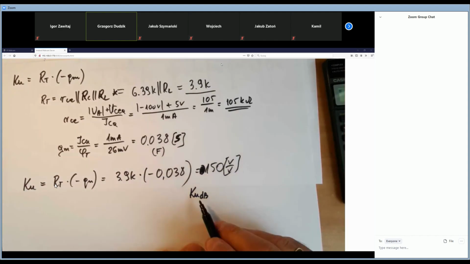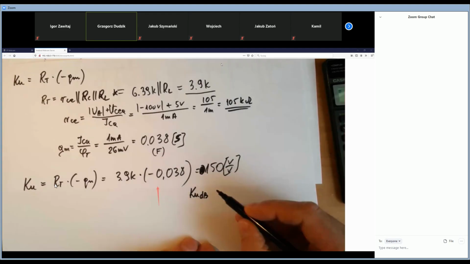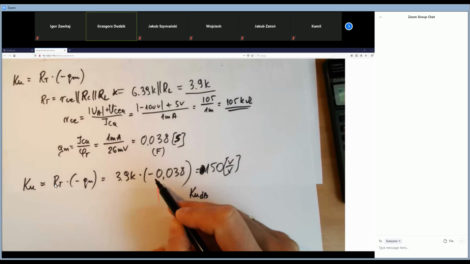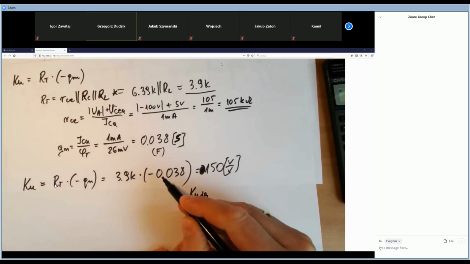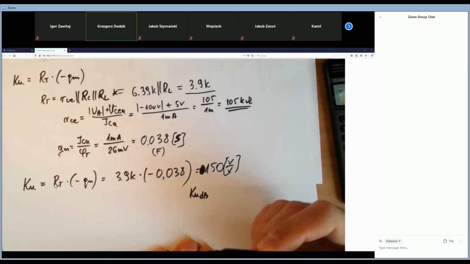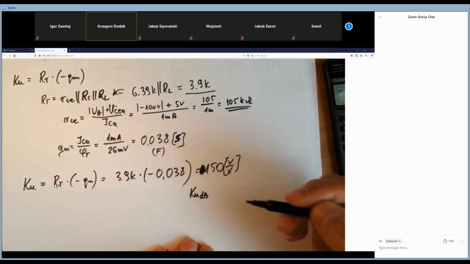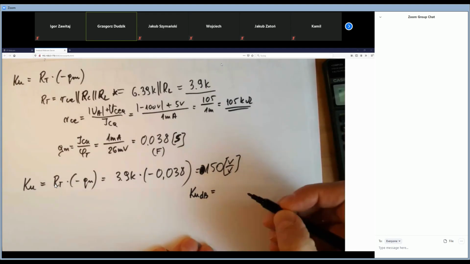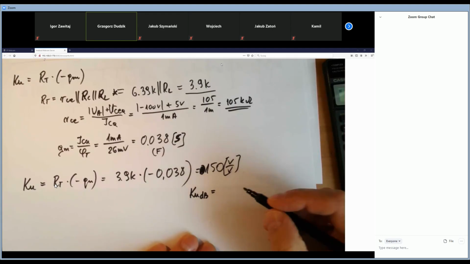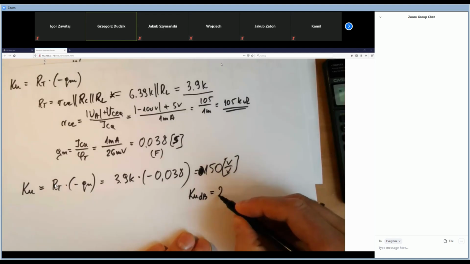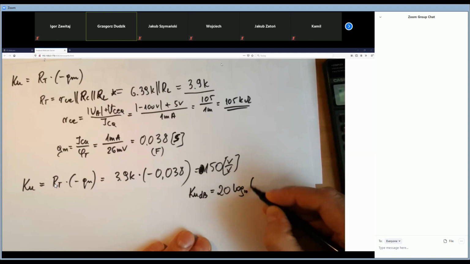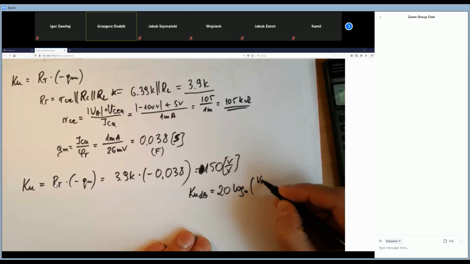Okay, so Ku in decibels. Yes, this is the minus, of course, but this minus tells us only about the phase shifting. For voltages and currents, the formula is 20 logarithm with base 10 of V out over V in.